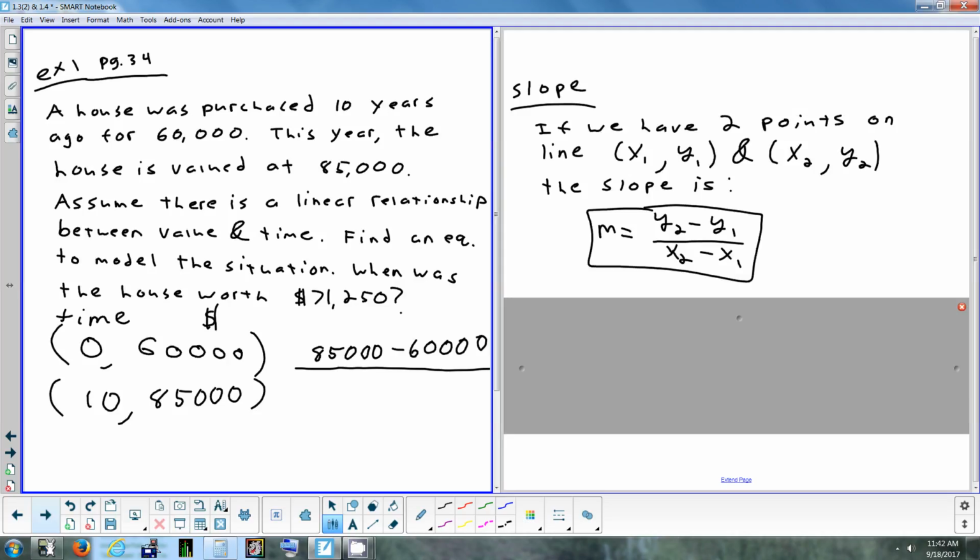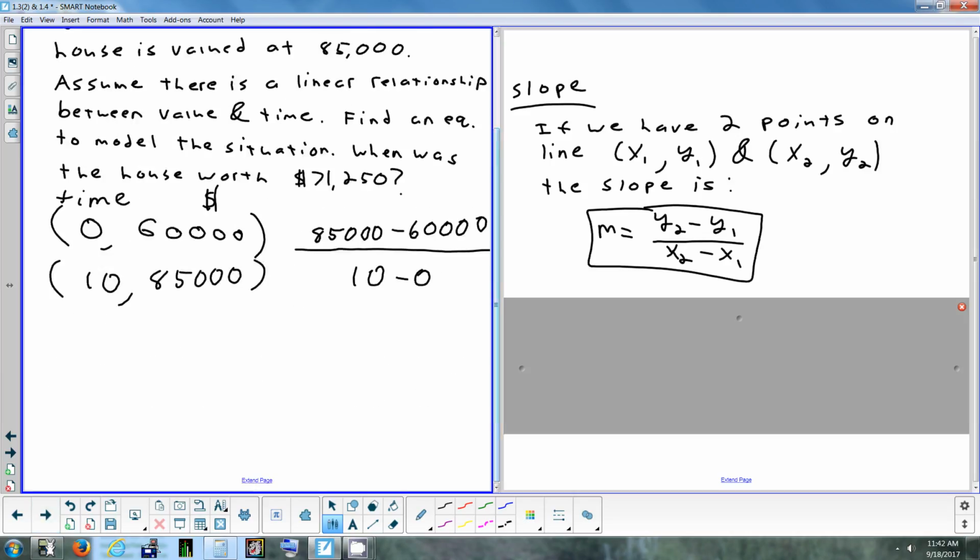Just 10 minus 0. All right, so 85,000 minus 60,000 gives me how much? 25,000, and then we're going to divide by 10, so just take a 0 off, and you get 2,500.